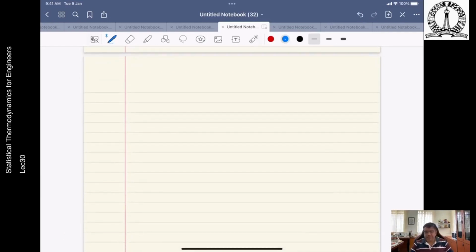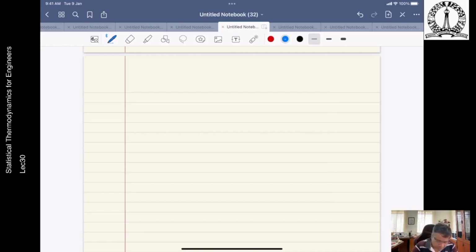So this time we are going to look at some of these things. You can see that it is actually an onerous task to determine the transition dipole moment.